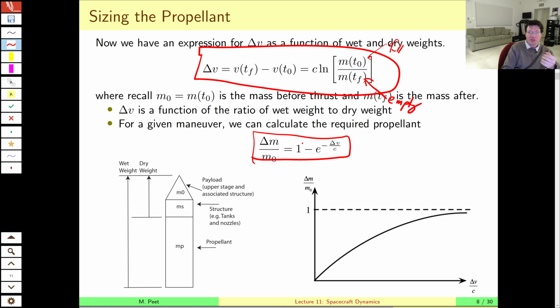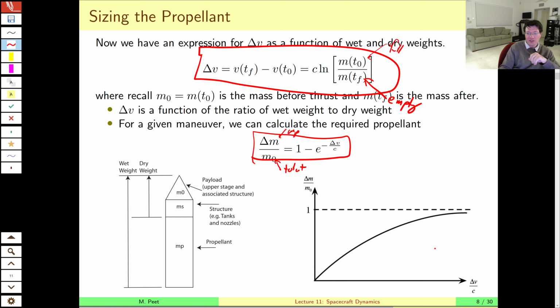We can then solve for the change in mass, the propellant mass, as a function of the total mass. So for any given delta V, we know how much the fraction of propellant needs to be for the given rocket.